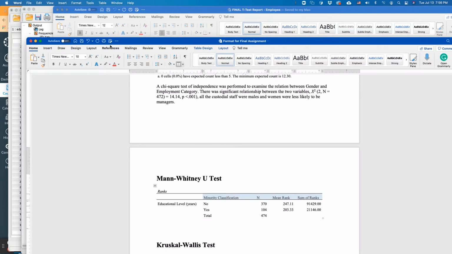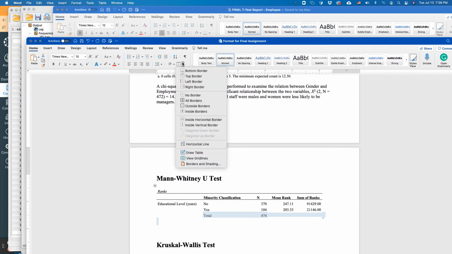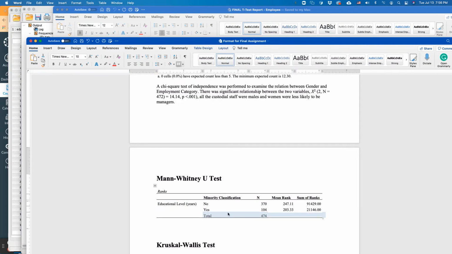So then we can make this bold. So this is how you would essentially format your table for APA, right? So that's one table that you would bring over.